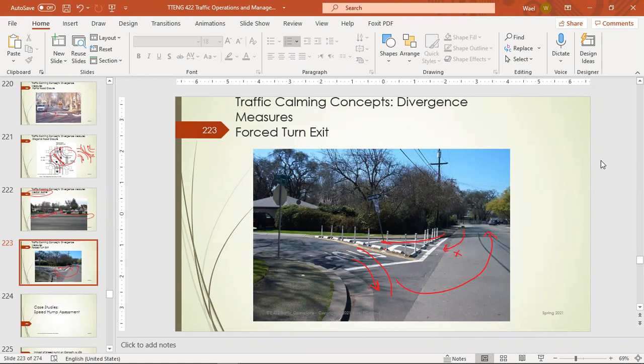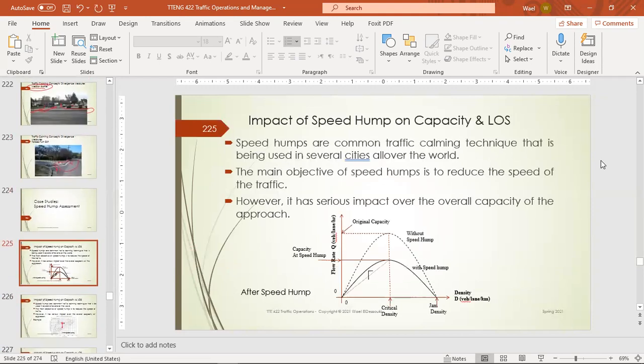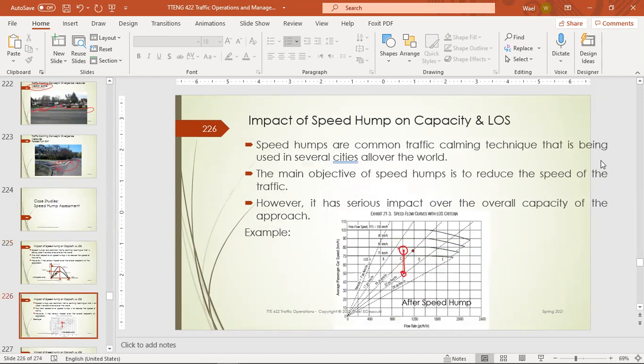So that's it. We discussed the speed hump and the impact of speed hump on traffic capacity, and we showed here the traffic flow or the flow density relationship without the speed hump. That's the new speed hump, and this is basically the drop in capacity. And we showed here an example for dropping the level of service, because basically V over C will be different in this situation.